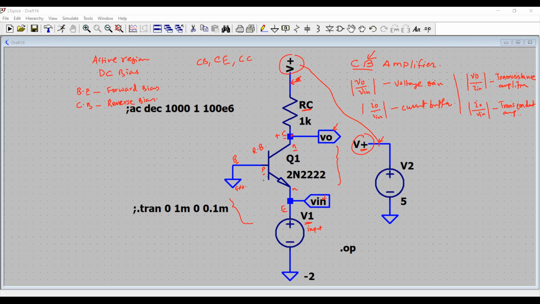Similarly, here is another PN junction. P is tied to 0 volt, which is ground. Then N should be tied to a negative potential so that this junction will get forward biased. I know that the cut-in voltage for the input PN junction of the BJT, which is between the base and emitter, should be greater than or equal to 0.7 volts so that this junction can be forward biased.